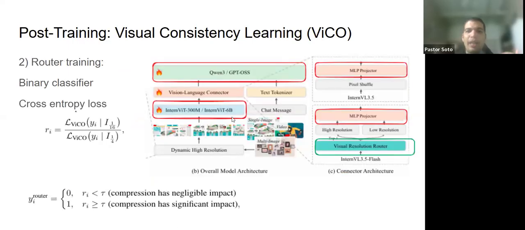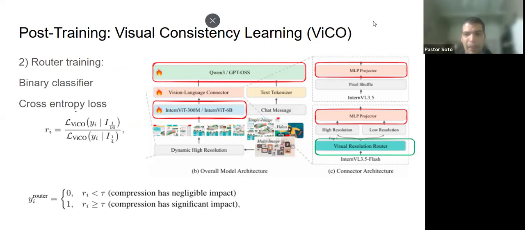Now that they have that, they go to the second stage, which is the router training, and it is a binary classifier. They leave everything constant. They freeze the InternVL3.5, the language capabilities and the projector, and they only change the visual resolution router.